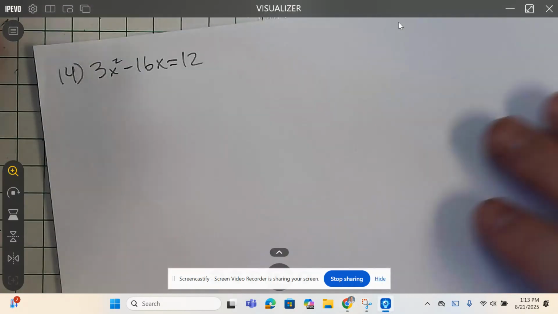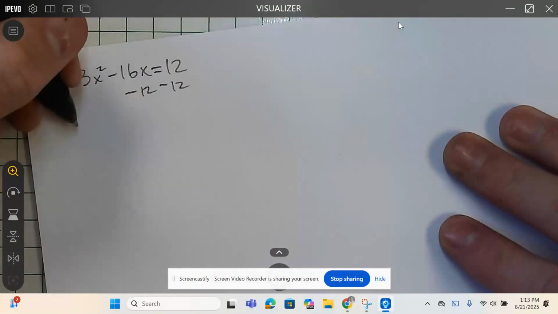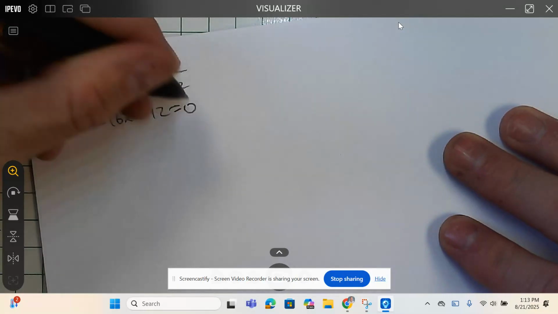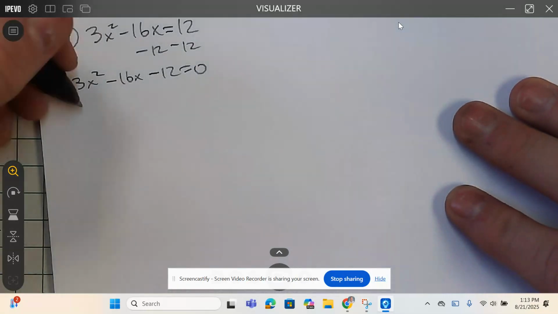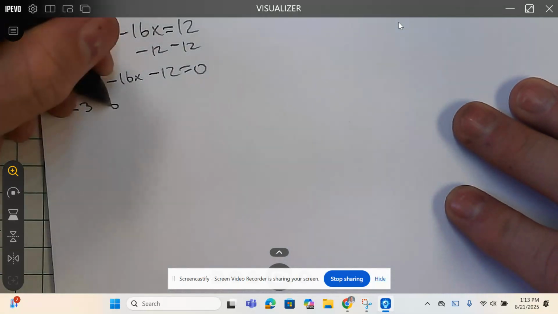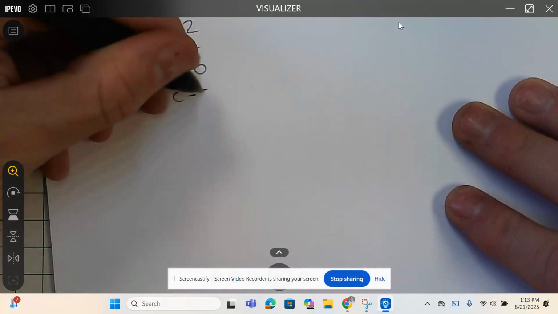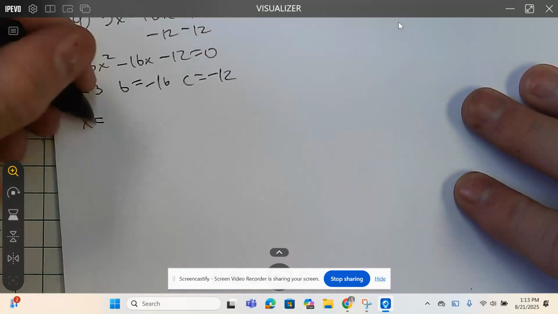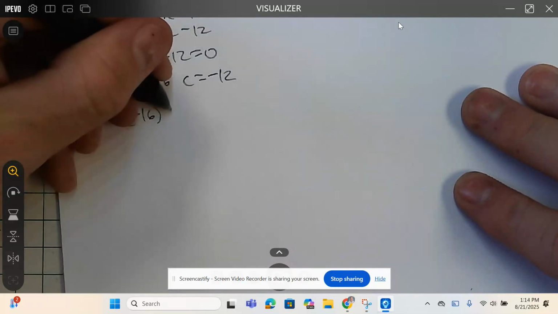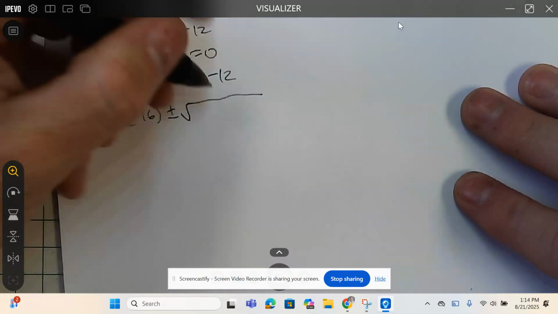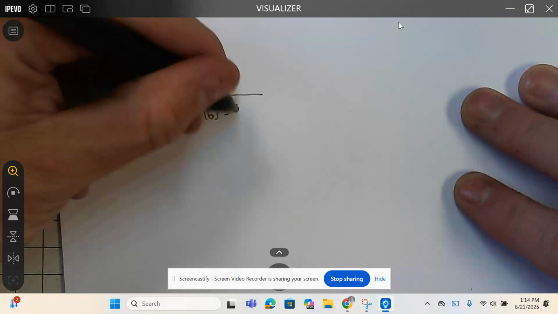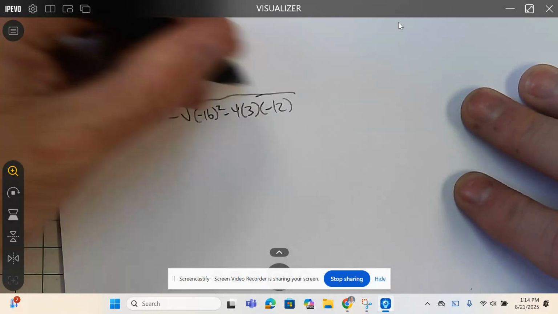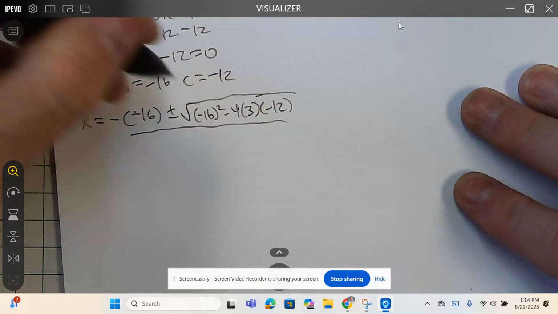So if I do, I can subtract 12. 3x squared minus 16x minus 12 equals 0. And identify A, B, and C. X equals negative B plus or minus the square root of B squared minus 4AC all over 2A.